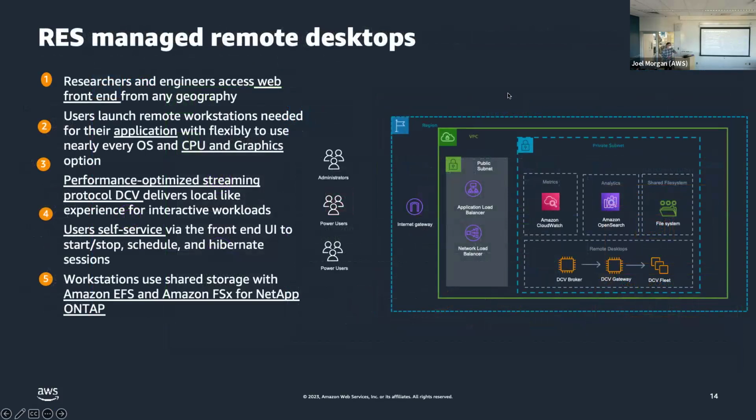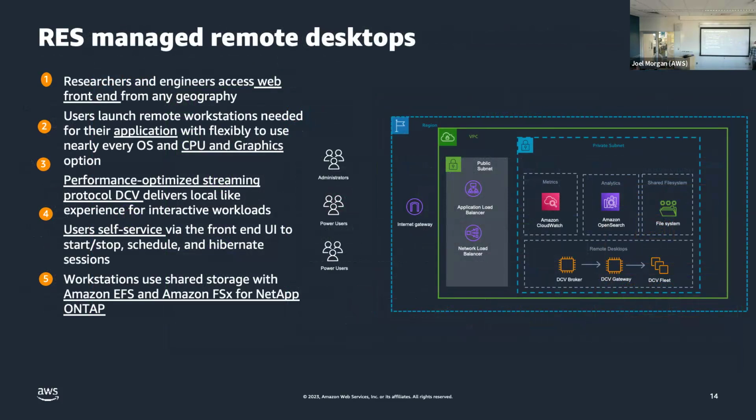So let me go over the diagram here. The blue is the region, the geographical space where AWS has resources. The VPC, virtual private cloud, is the network infrastructure of AWS. This is where things live. We have a public subnet and a private subnet.